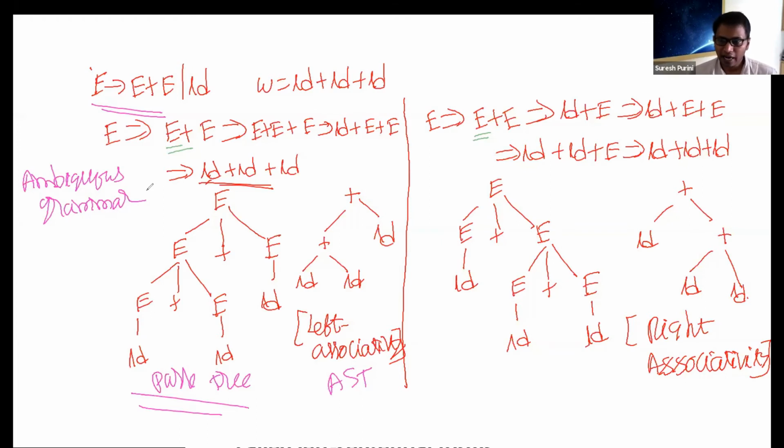So we say that a grammar is ambiguous. Okay. I will give three definitions and all these three definitions are equivalent.